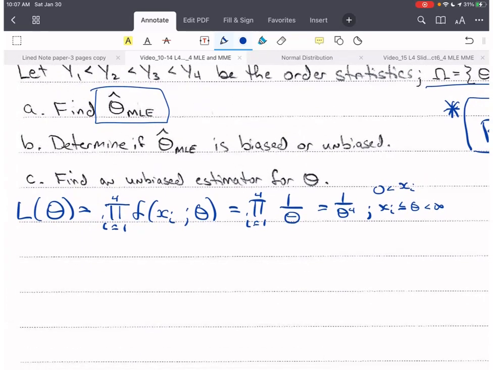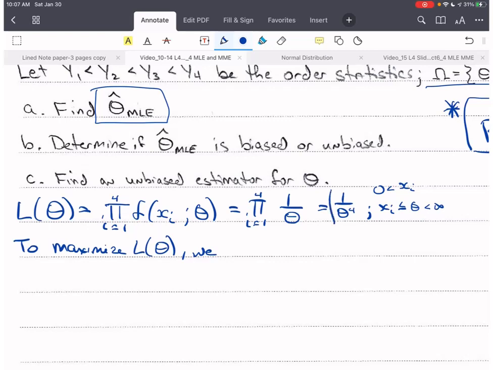Okay? So in order to maximize L of theta, we don't need to use much. We can just look at this function. To maximize L of theta, we need to do what to theta?